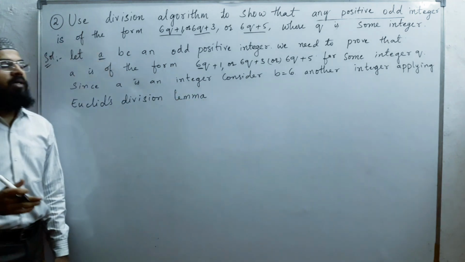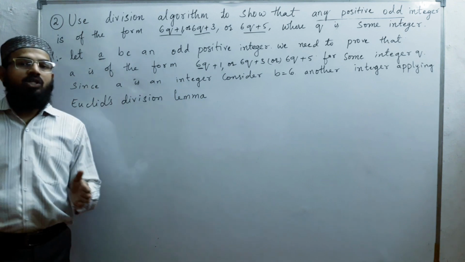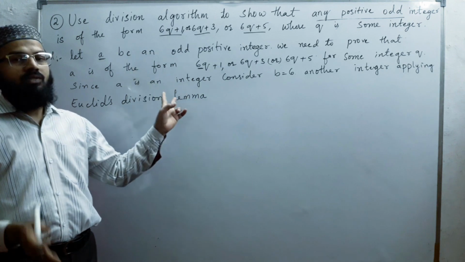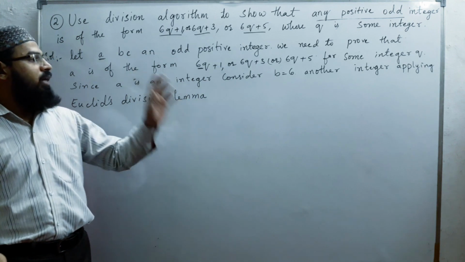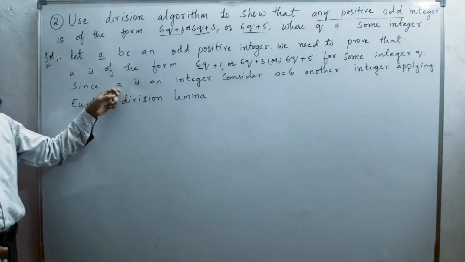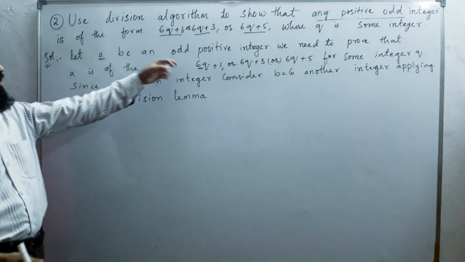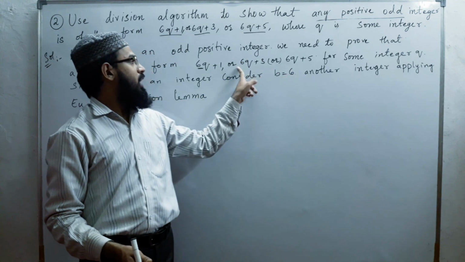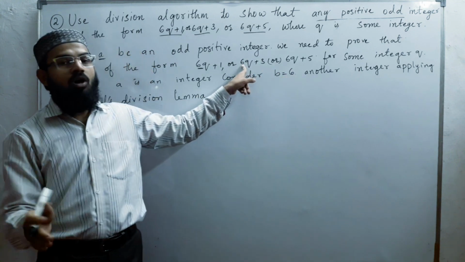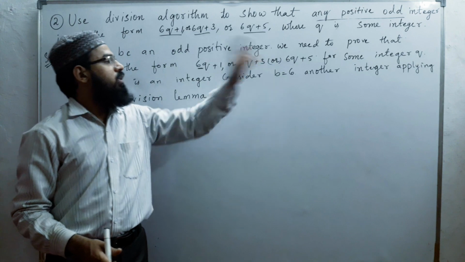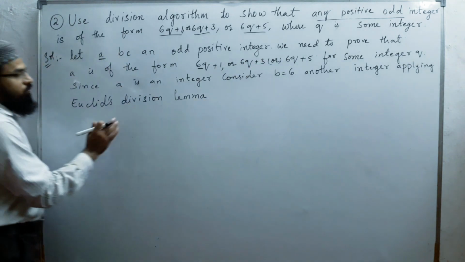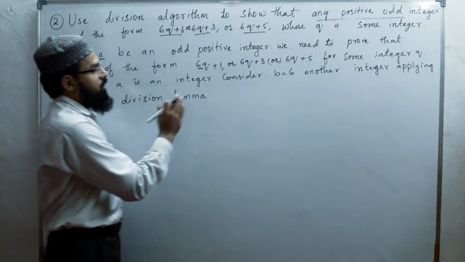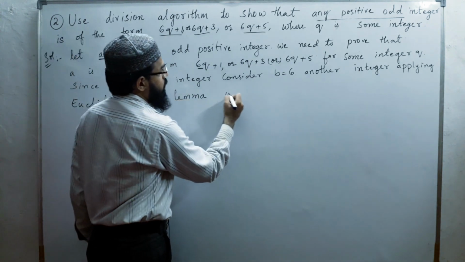From Euclid's division lemma, as we know, there will be two positive integers a and b, and for these two integers we get respective q and r. We have already supposed that a is an odd positive integer. Next, we are considering b equal to 6, as this is in the form of a equals bq plus r.